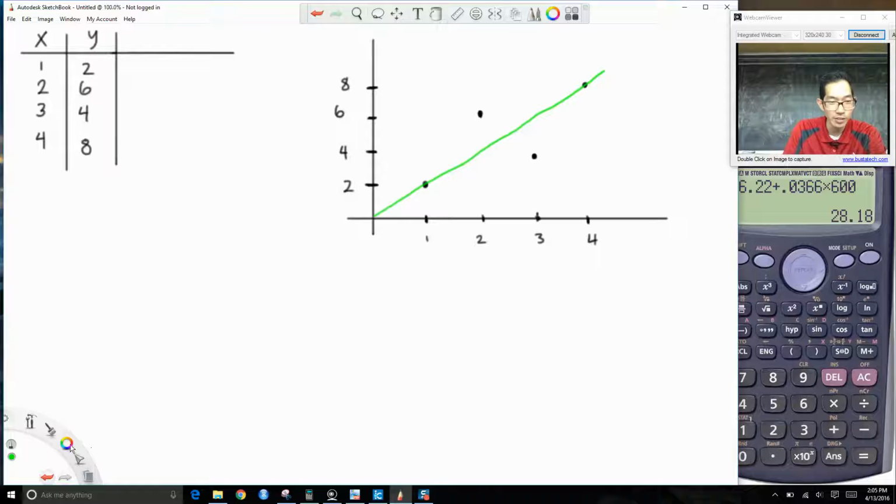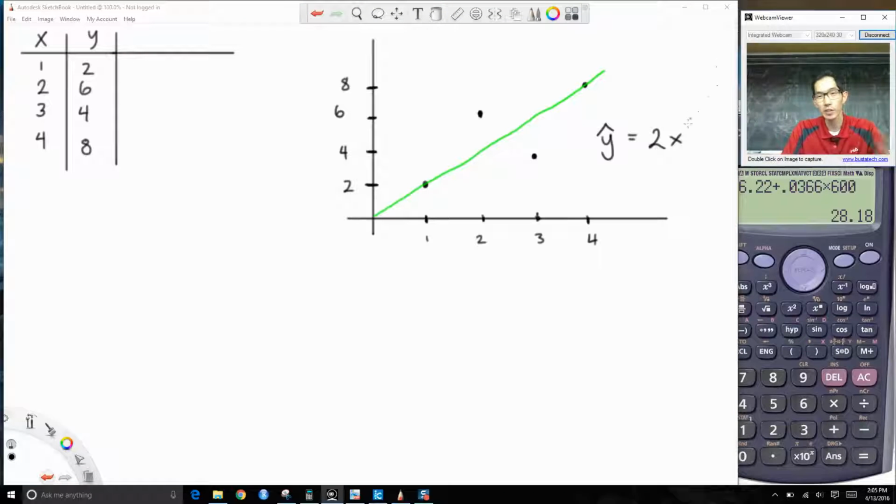Sorry, I don't know why I had sound effects there. So we have y hat equals 2x. This is one proposed line, and if I plug in x equal to 4, according to the line, I would predict that y hat would be 8.